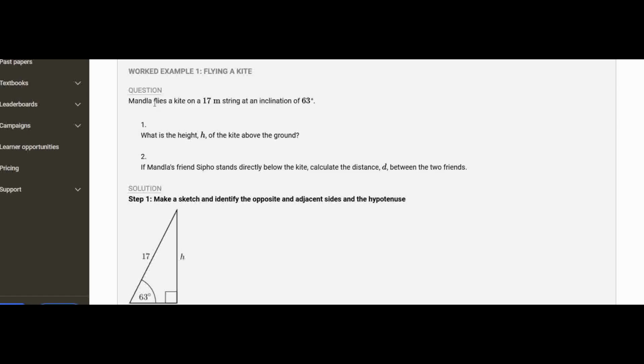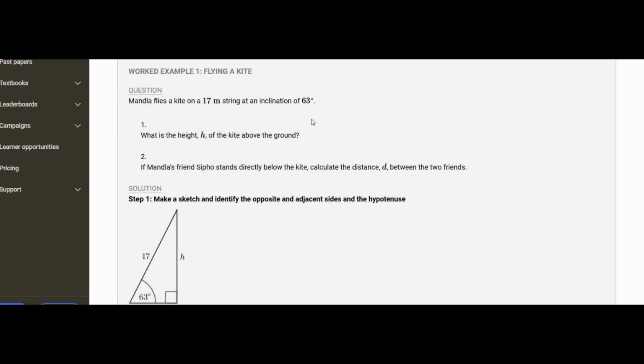It says, Manla flies a kite on a 17-meter string at an inclination of 63 degrees. Now, an incline is basically an angle that is going up. There are two types of angles that we are going to look at. The angle of elevation means you look up, and the angle of depression.